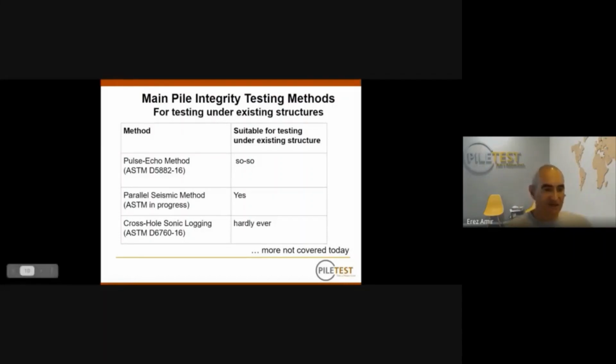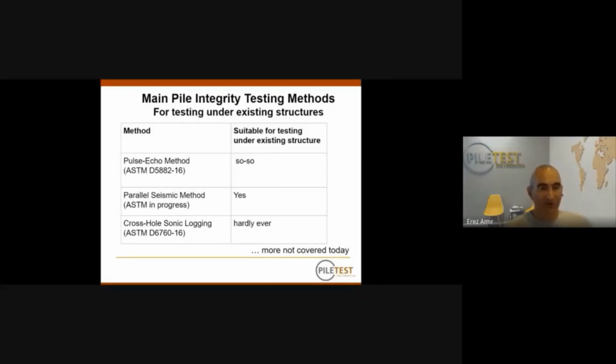The ASTM standard for this test method is currently in final ballot on the ASTM main committee, and it's going to be ready, I believe, within a month. The technical contact for the parallel seismic standard is Dr. Joram Omir, a co-founder in our company.